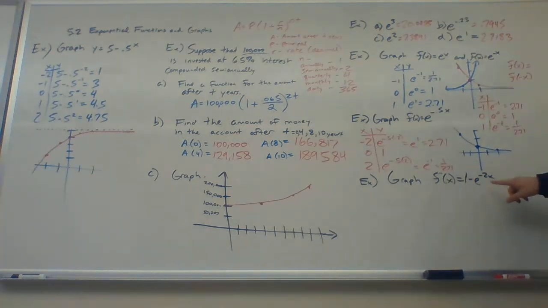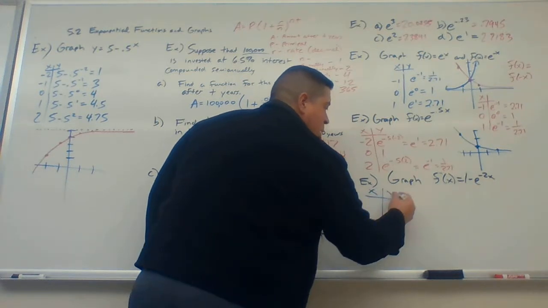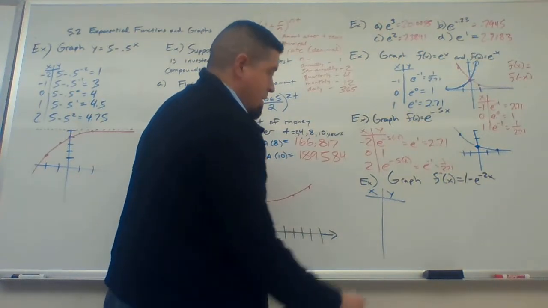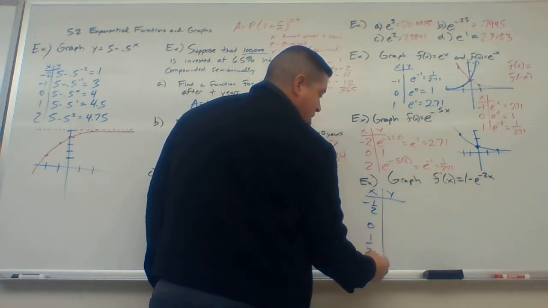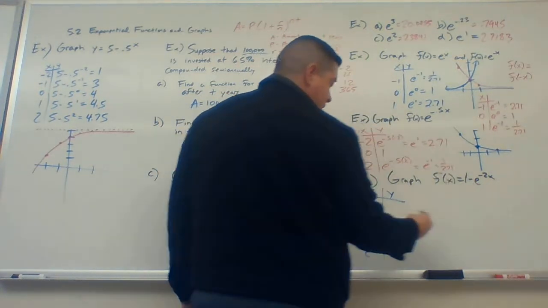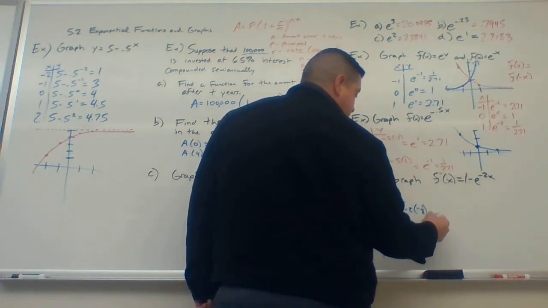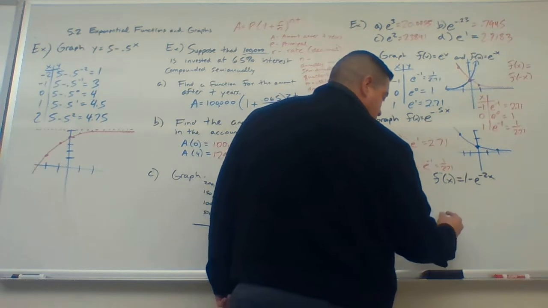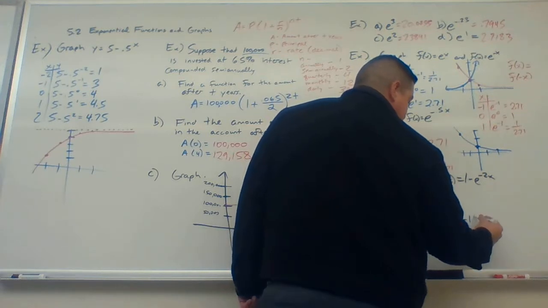Okay, so in a similar way, I'm going to pick values here. On my last one, I'll pick maybe half. So I'm going to pick negative half, 0, and half. Because I have 1 minus e to the negative 2 times negative half, which is 1 minus e, which is 1 minus 2.71, which is negative 1.71.